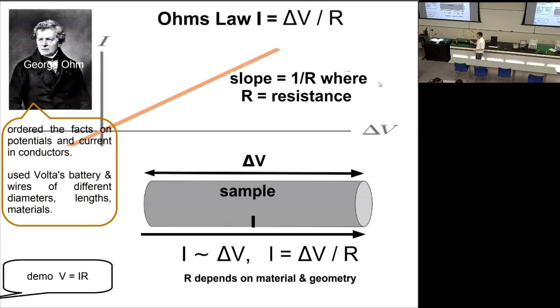Often we don't write the equation as I equals delta V divided by R. We denote it the more familiar way, V equals IR. That's the same equation. We put the cause, the V, on the left-hand side, and the result, the current, on the right-hand side. Also, we're dropping the delta V because I can't be bothered to write delta V for everything.